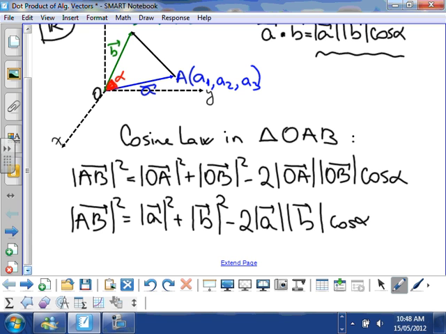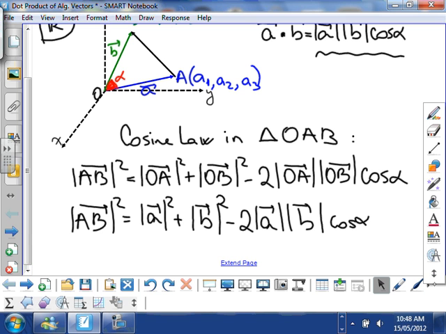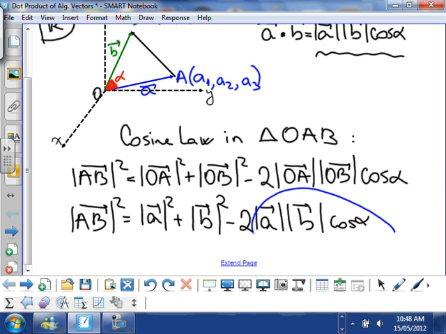So basically, what I am trying to get to is this part over here, magnitude of A times magnitude of B times cos alpha, which is nothing else but the dot product of A and B. We all agree.